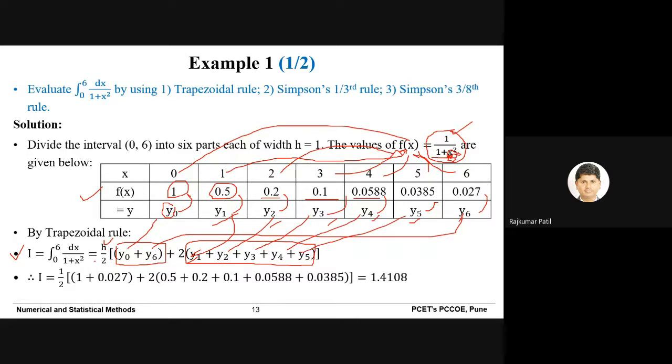Again, put in the values of h, y0, y6, y1, y2, y3, y4, y5 and just calculate the answer. So you will get the area under the curve as 1.4108. This is how we apply the trapezoidal rule to calculate the area under the curve or to solve the integration problem.